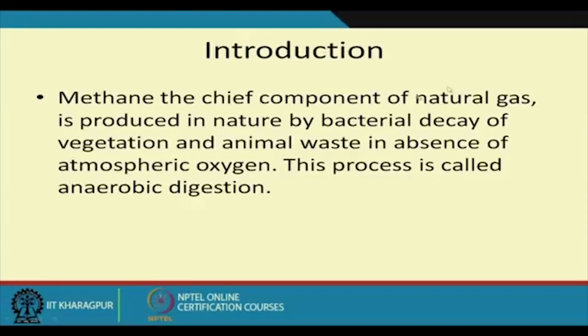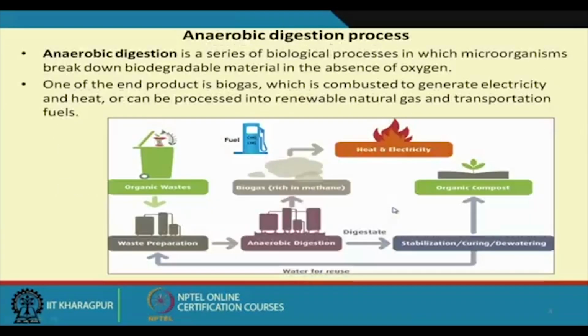The chemical formula is CH4. Methane, the chief component of natural gas, is produced in nature by bacterial decay of vegetation and animal waste, and I shall show you how the degradation takes place. This process is called anaerobic digestion.